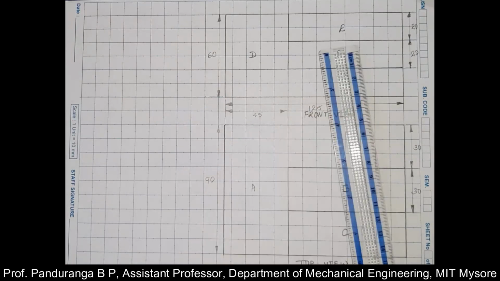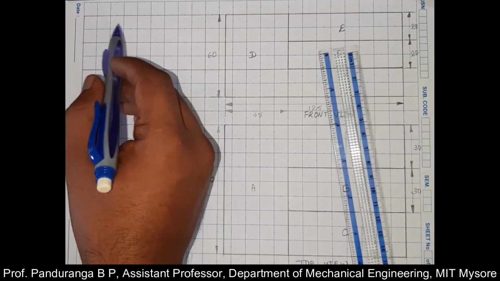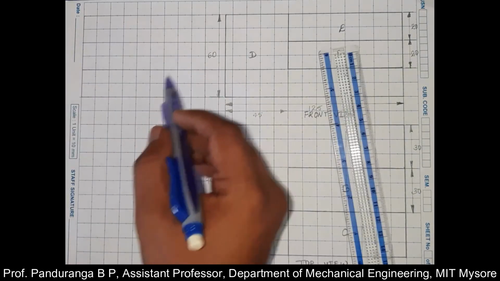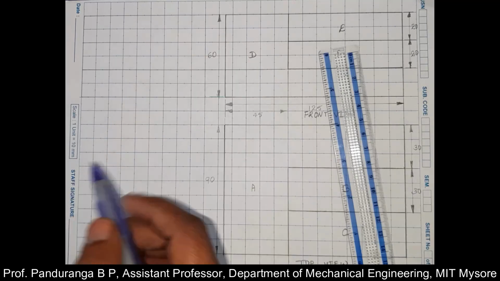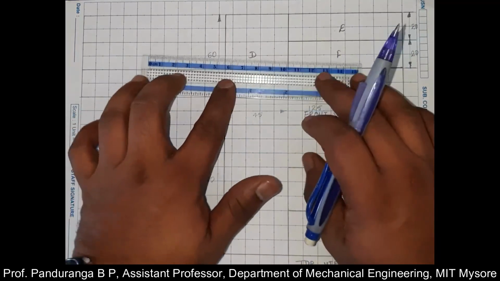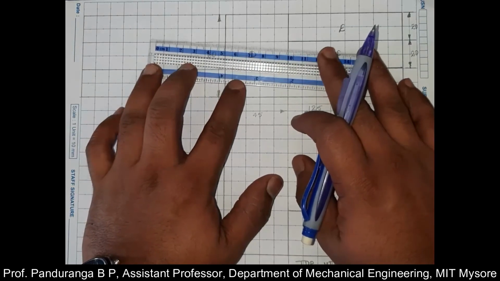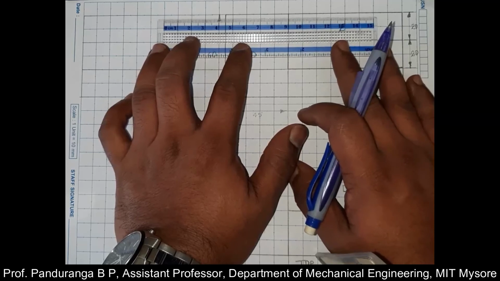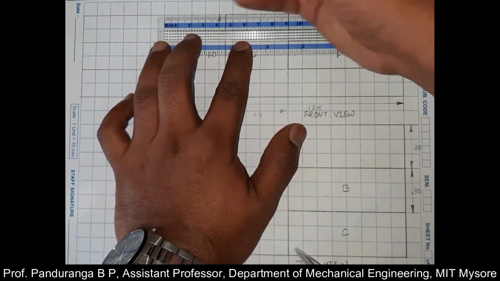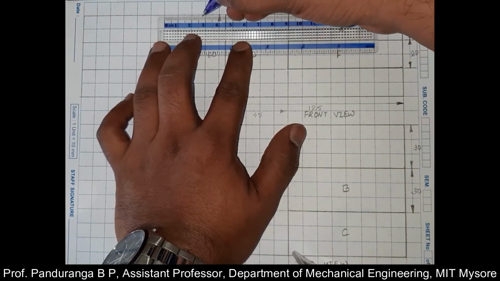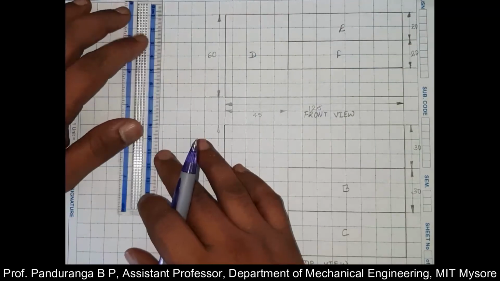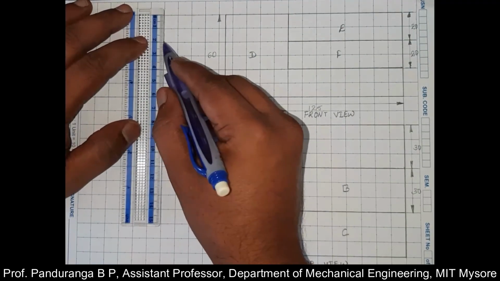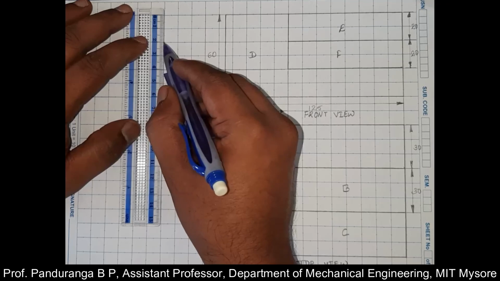Now we need to show surface G and H. Surface G is somewhere here and H is somewhere here, and we have steps, and the width of each step is 30 mm. So from here 1, 2, 3, I need to come down till I reach this projection line.